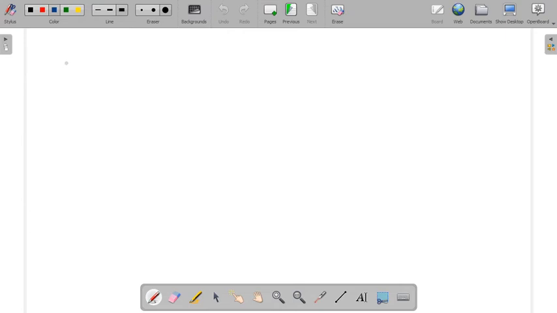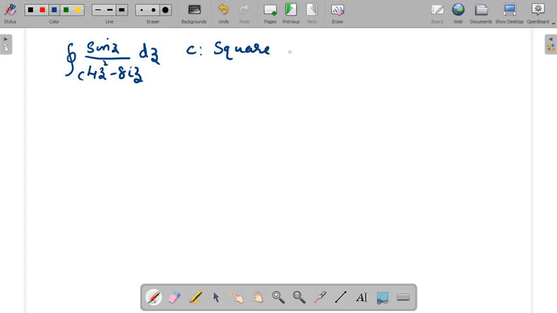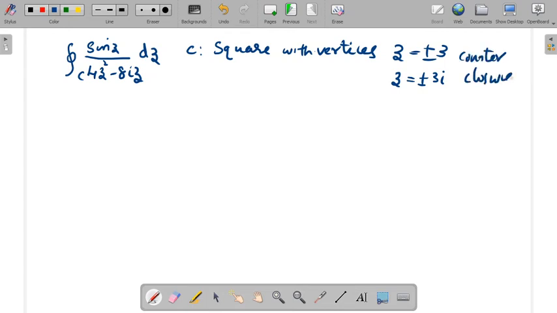Find integral over C of sin z divided by 4z squared minus 8iz dz, where C consists of a square with vertices z equal to plus or minus 3, plus or minus 3i in counterclockwise direction, and a square with vertices z is equal to plus or minus 1, plus or minus i in clockwise direction.